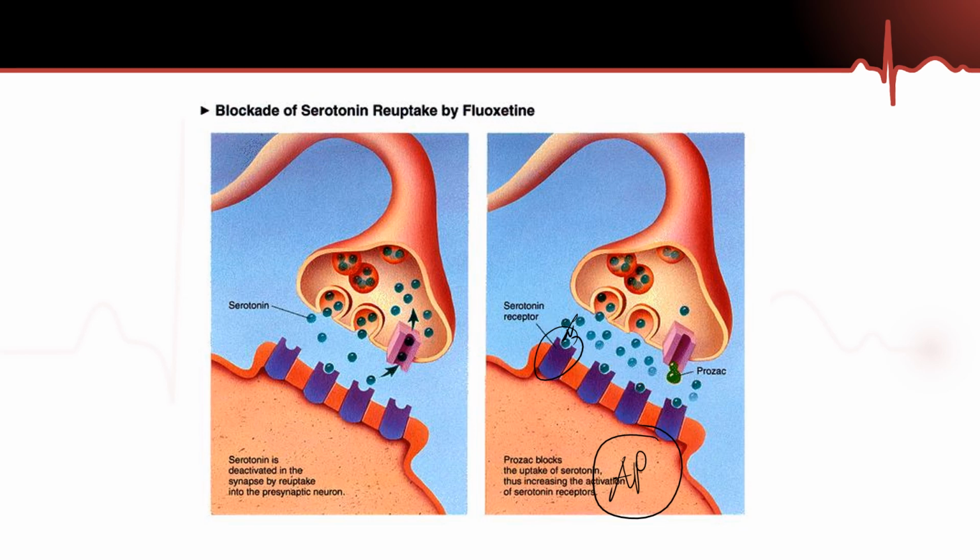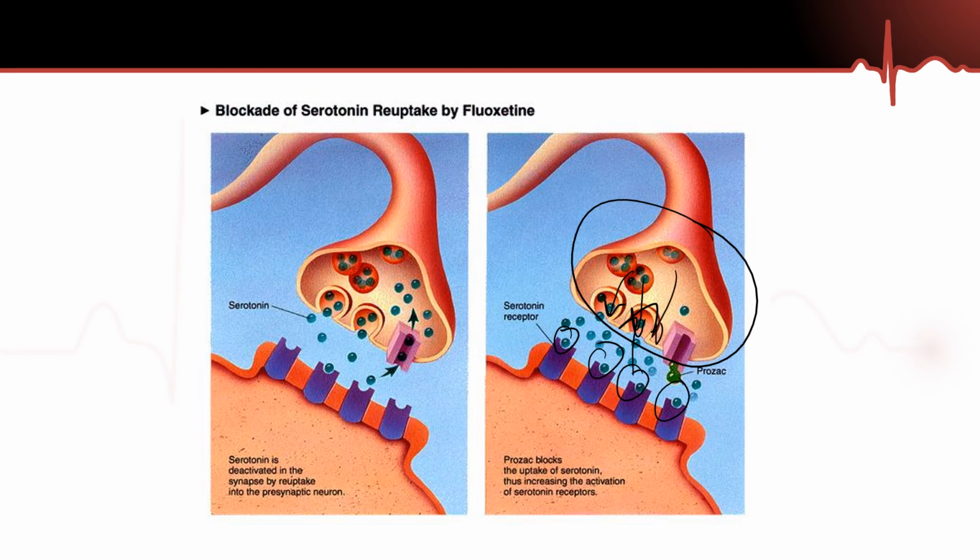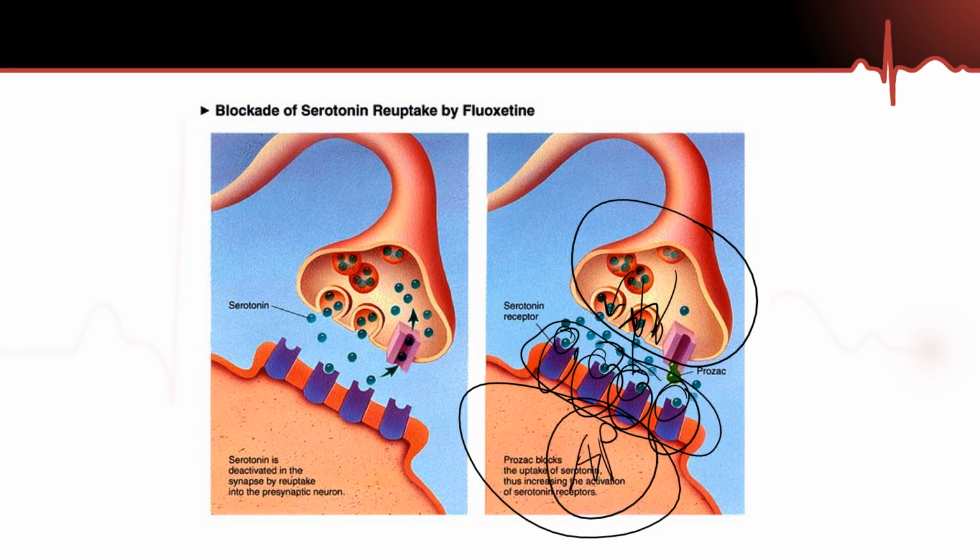What's happening here is when serotonin is released by this neuron, you can see through exocytosis, serotonin then binds to receptors on this neuron here. And when serotonin binds to the receptors on this neuron, it causes this neuron to generate an electrical impulse called an action potential.